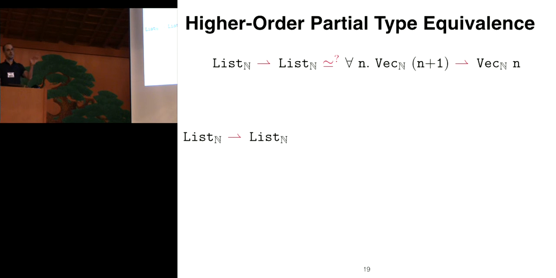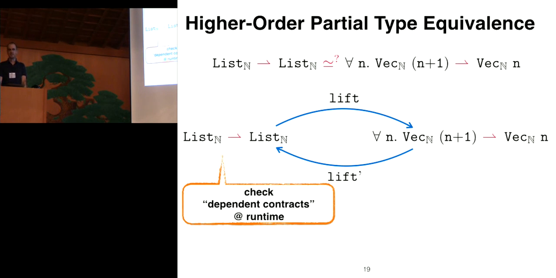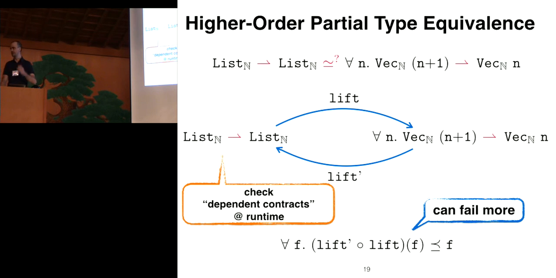If we start with our list-to-list function, we lift it to this dependently typed signature. We lift it back to list-to-list. As I've told you before, this basically bakes in some runtime checks in the function. And here the equation tells us that the double lifted function can fail more often than the original function. Okay, so the blue arrows are total, but it's the arrows in the domain that are partial.